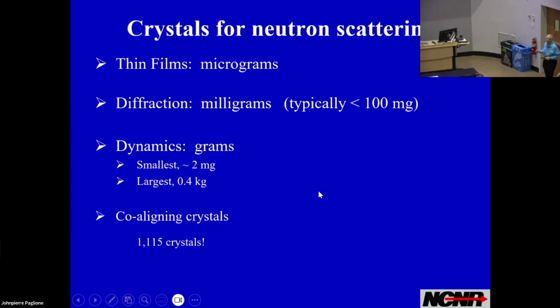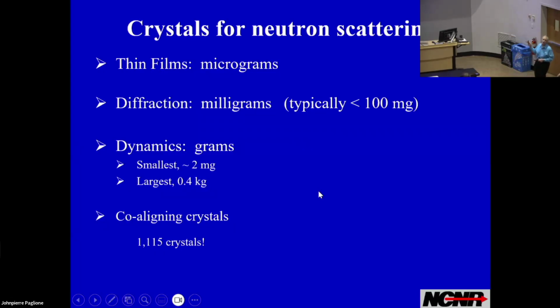When we wrote up the paper, I hadn't asked how many crystals there were because they were all sealed up, it's air sensitive. And I said, are you sure it's 1,115? I think maybe one of the crystals fell off. And she responded, well, next time I'm at the NCNR, I'll count them again.